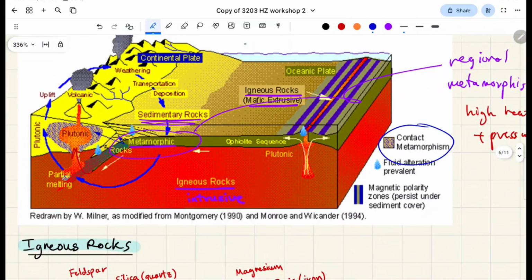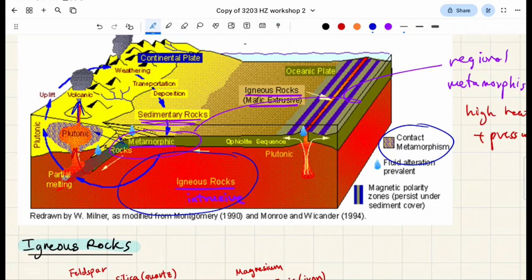That's called contact metamorphism. And that might cause a volcano at some point, leading to extrusive igneous rocks. But if the magma cools down and doesn't reach the surface, it becomes igneous rock. So that's your intrusive igneous rocks there.